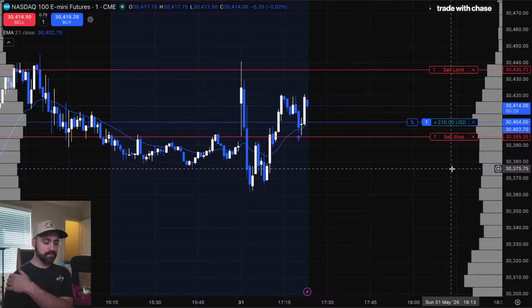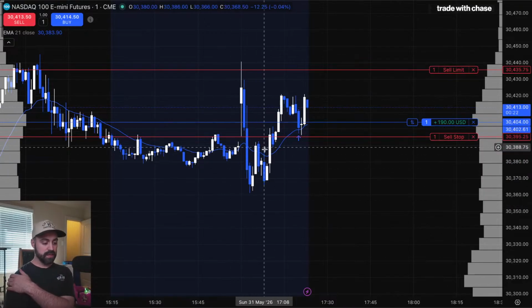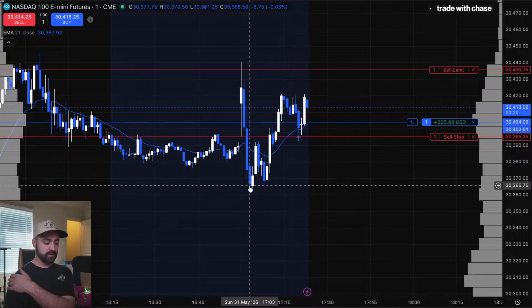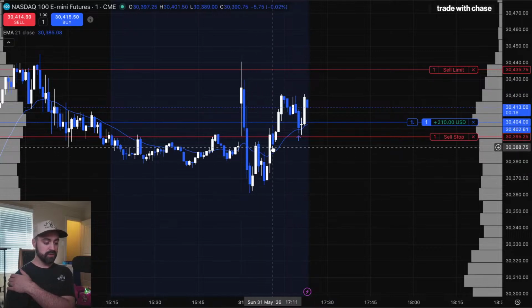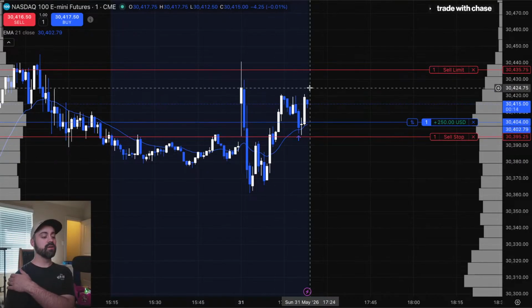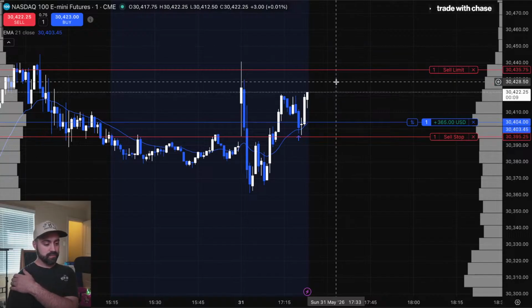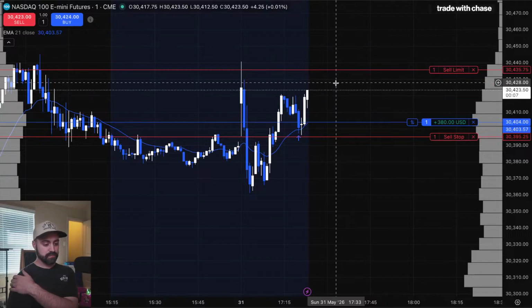But let's see what it does for a minute, because we are clearly, at least in this low time frame, in an uptrend. We got a low, a higher low, if you want to call this a higher low, another higher low. So theoretically, we should continue in this direction.